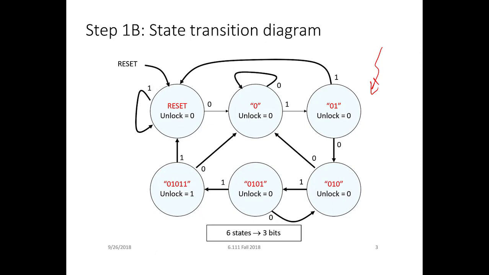After this FSM, I expect that if I gave you another problem, for example to detect this sequence 111, and remember that I explained two flavors. One was the recurrent FSM, and the other one was the non-recurrent FSM.